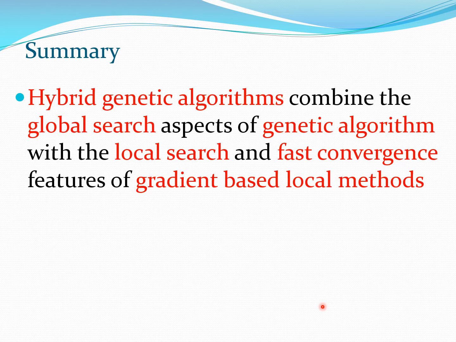You can start off with a population based method, find a region which is near the global minimum, and then you may start encountering problems in converging because the local search properties of these stochastic methods are not so good. At that point you may want to switch to gradient based methods such as conjugate gradient, DFP or BFGS.